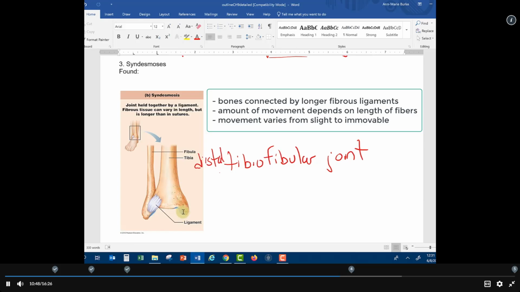And this joint is fairly synarthrotic, which, remember, means it's immovable. Although if you point your toes to the sky, so remember your ankles are here, you do get a slight movement, but it's not enough to be considered a real movement, so they call this a synarthrotic joint.